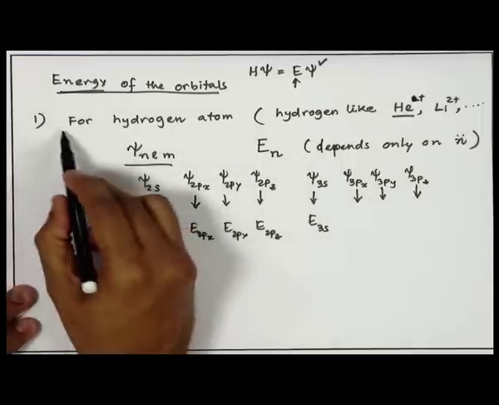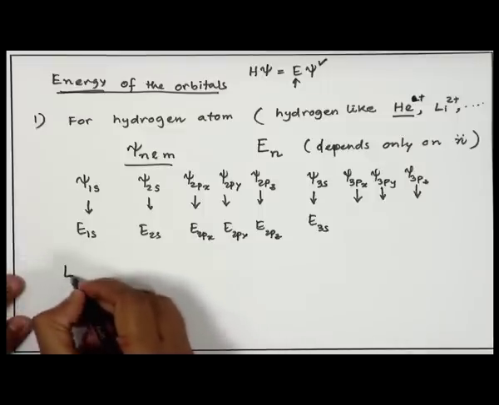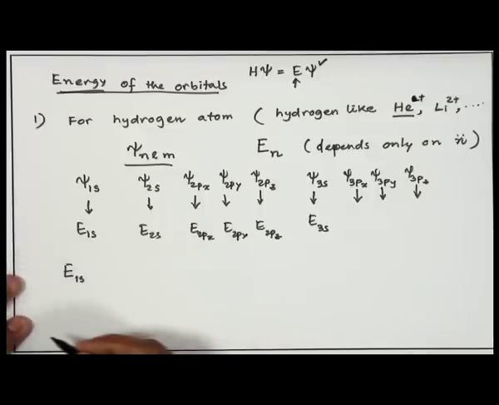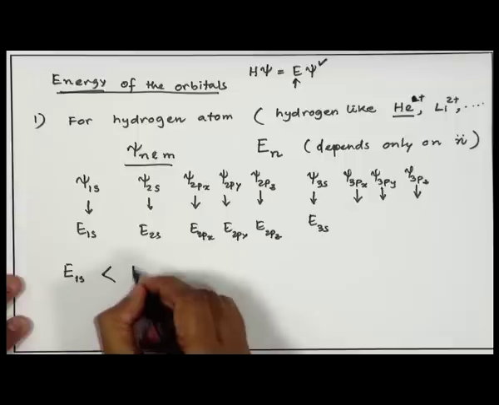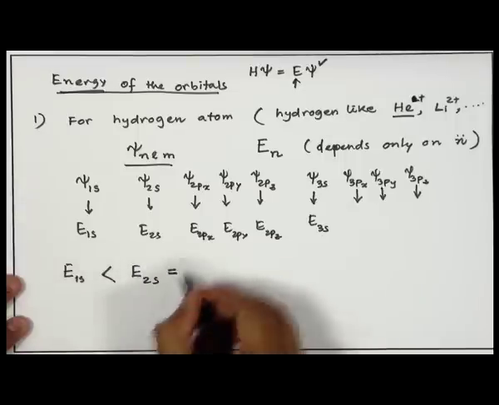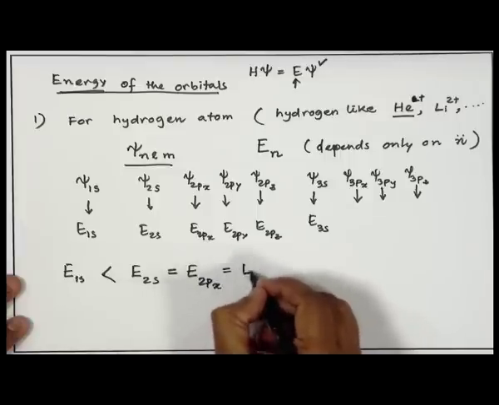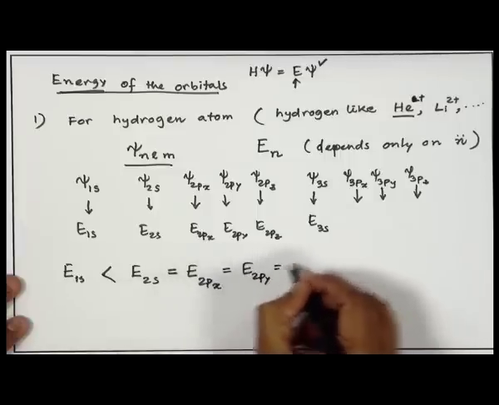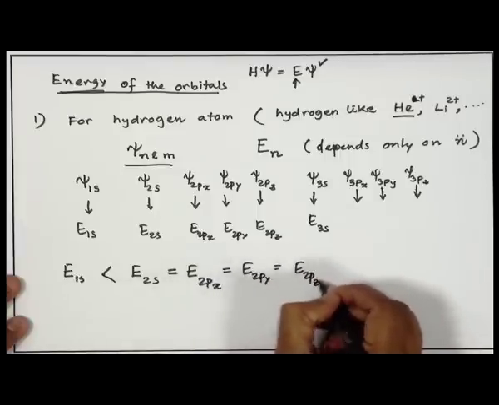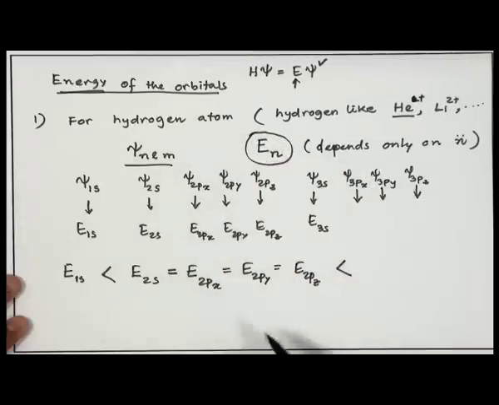The solution for hydrogen atom showed that this is how the solution looks. E1s has the lowest energy, then comes E2s, and the energy of E2s is exactly equivalent to the energy of E2px, which is E2py, which is E2pz, because as we discussed, the energy only depends on the principal quantum number n.